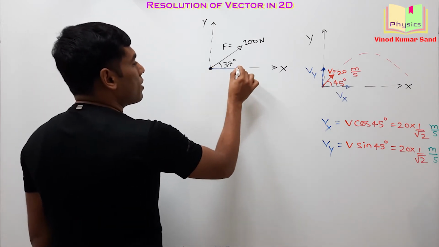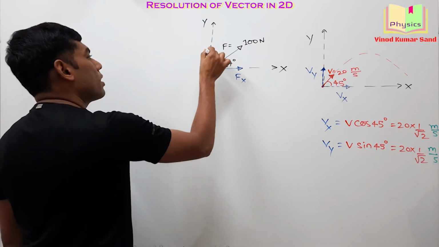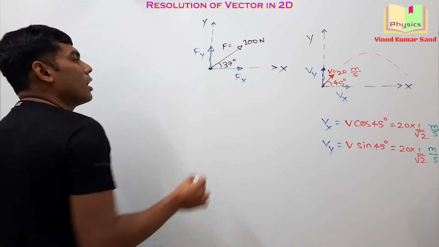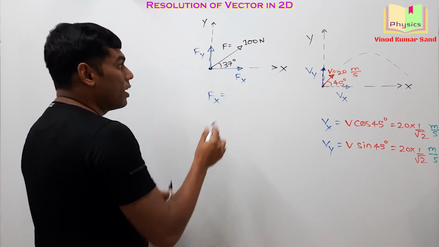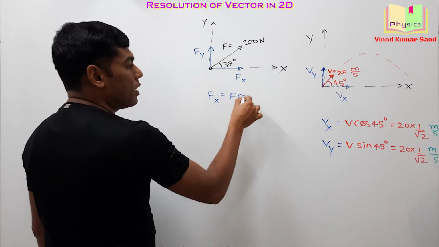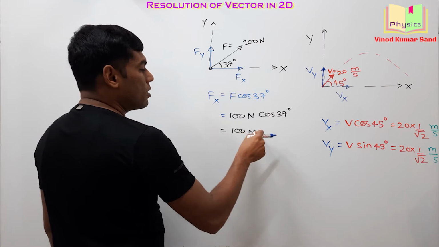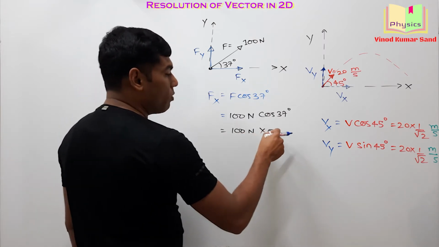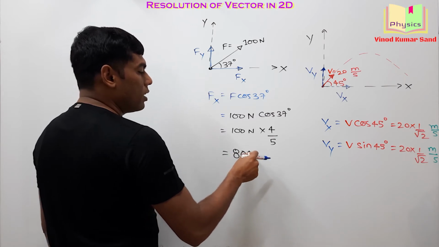This will be Fx and this will be Fy. How much will be the Fx? Fx will be F cos 37 degrees. 100 Newton is getting multiplied with what? 4 by 5. So this answer will be equal to 80 Newton.